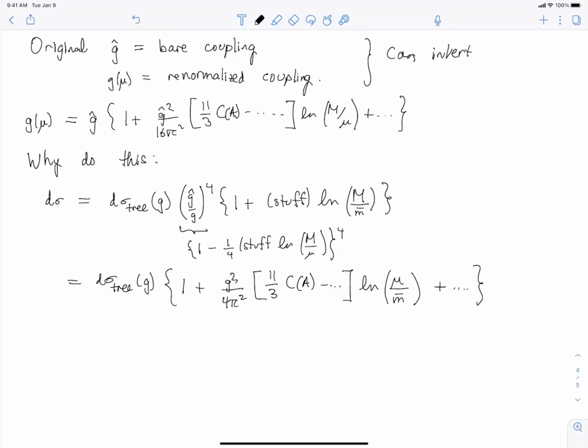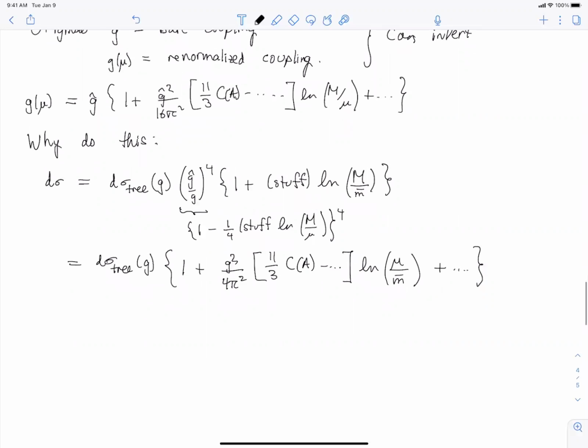So here's the great thing, is that in this new formula, we actually know everything, right? It's easy to calculate. We just did it. We calculated this already, and we plug in the G rather than G hat. And then the rest of this has been engineered so that there is no more cutoff dependence. Okay, so people have calculated the M bar.